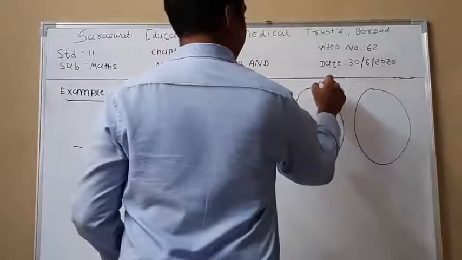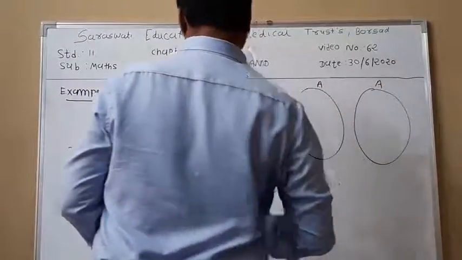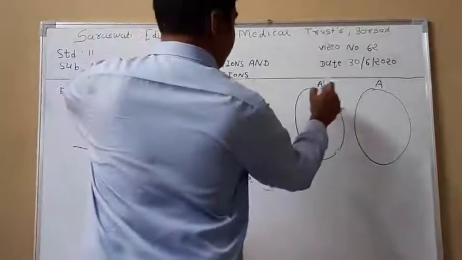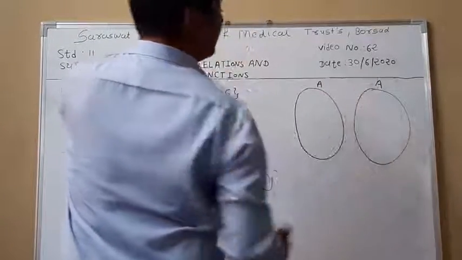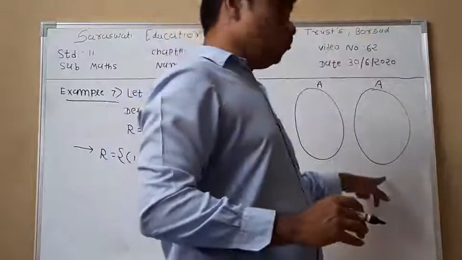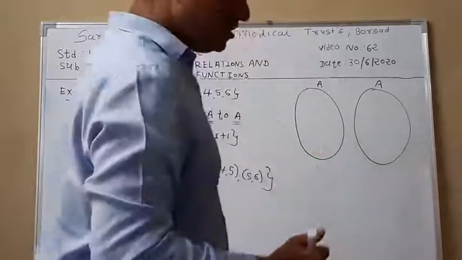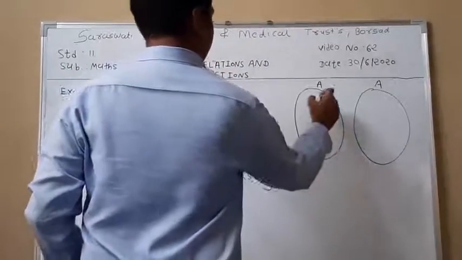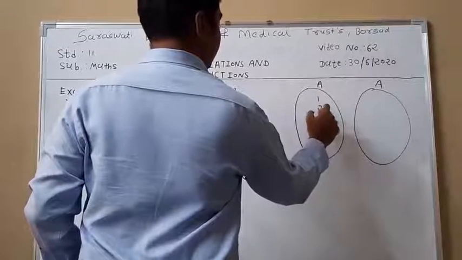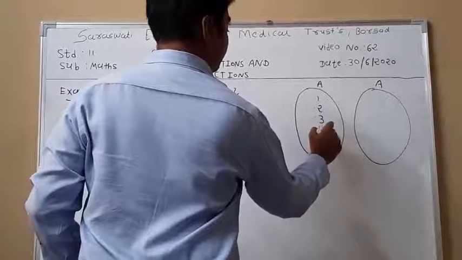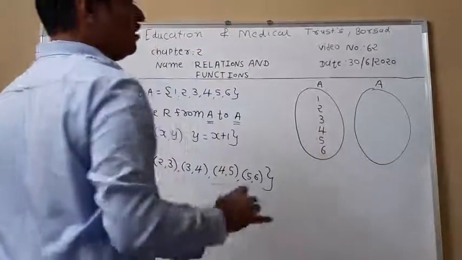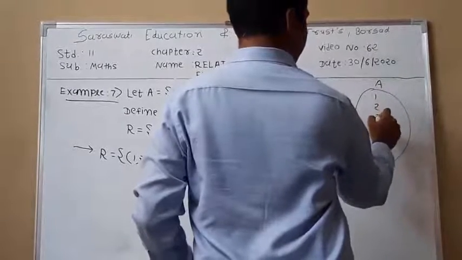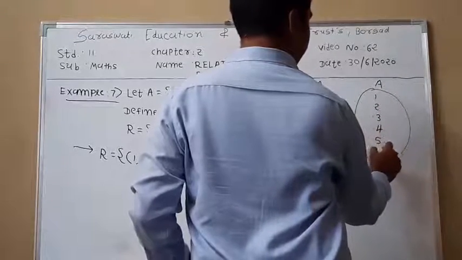Here we write A, and here also we write A. This position is the domain position, and this position is the codomain position as well as the range position. So first of all, in set A, a total of 6 elements is present: 1, 2, 3, 4, 5 and 6. In the other set A also 6 elements are present: 1, 2, 3, 4, 5 and 6.